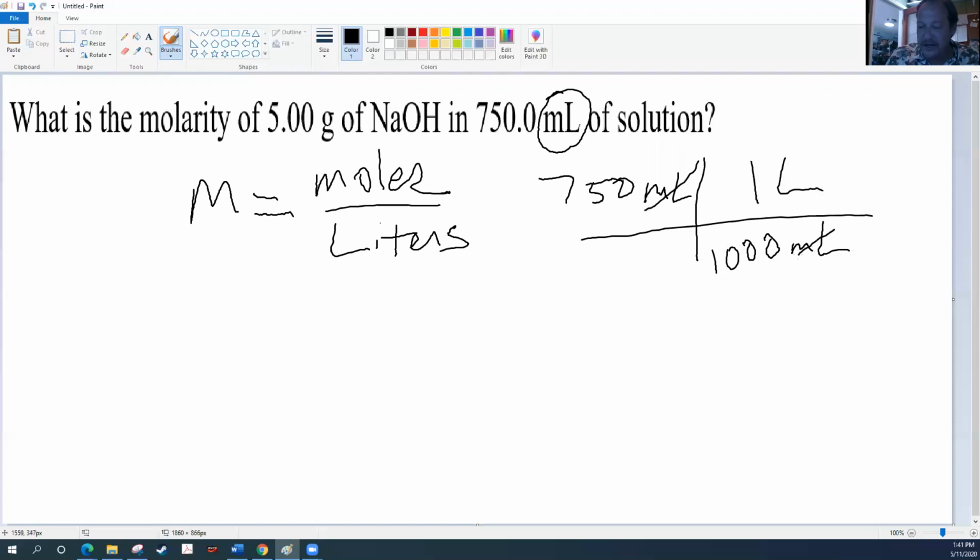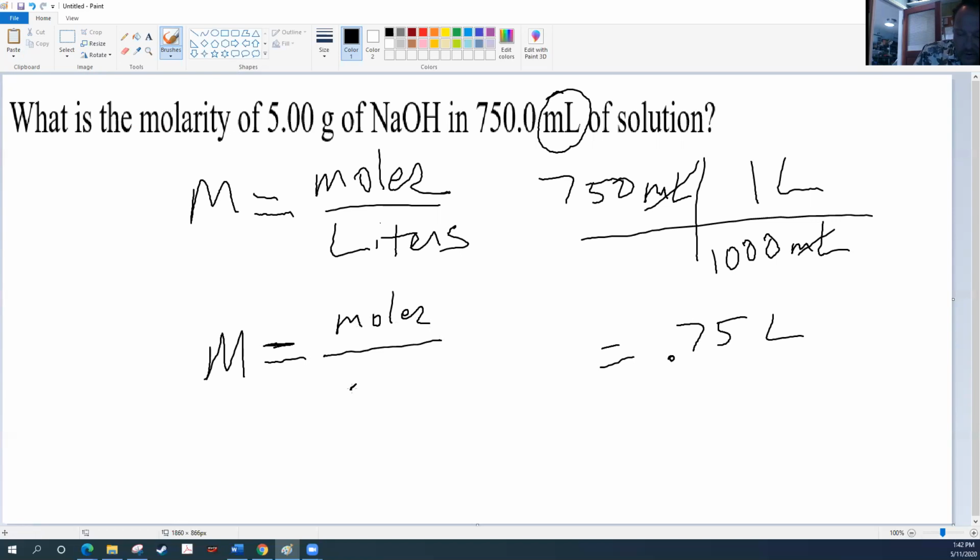Notice those milliliters cancel out, and in the end, 750 milliliters is 0.75 liters. So that's going to go on the bottom here. Molarity equals moles over 0.75 liters, but I don't have moles and they gave me grams. But remember from the other problem I did, moles equals grams over molar mass.